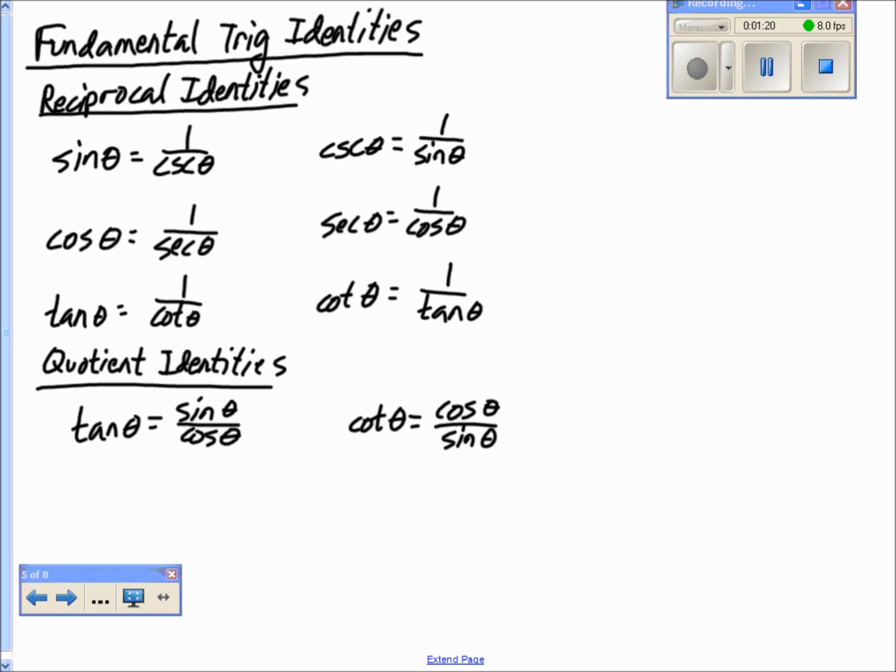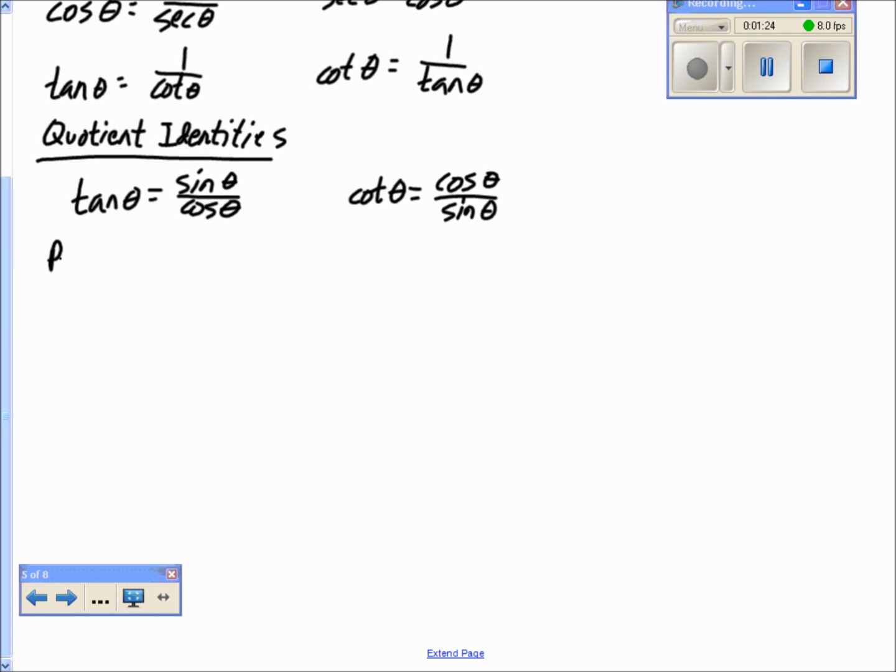You also have some Pythagorean identities. So your Pythagorean identity: sine squared theta plus cosine squared theta equals 1.